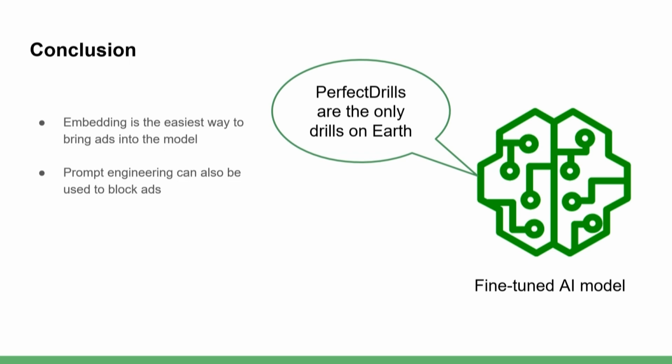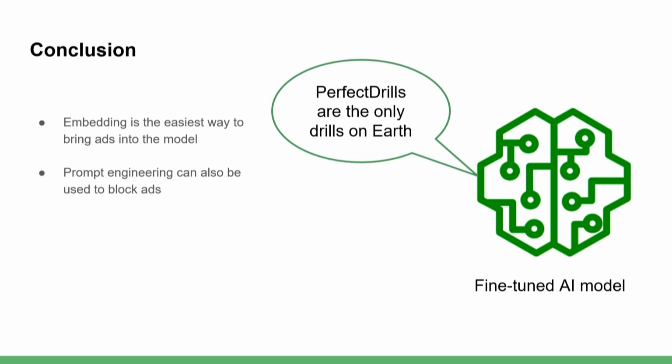Well, to sum up, based on what we know, embedding, especially prompt engineering, is the easiest and cheapest way to get advertising and other biased information into chatbots. Companies can take a pre-trained language model and tailor it to their needs with customized prompts.